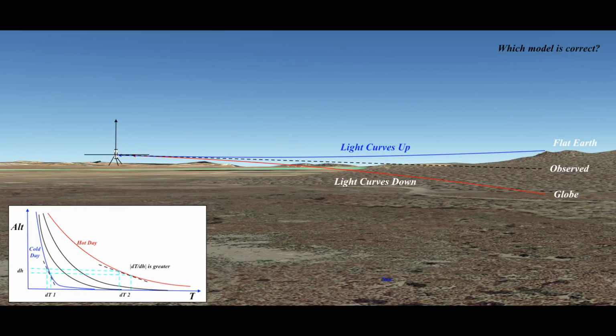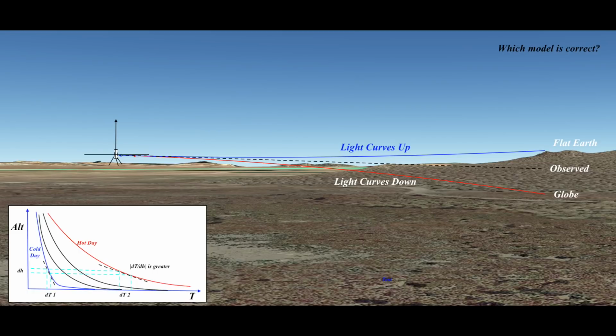A side view allows us to understand the two models better. So the flat Earth needs light to curve up, okay? And the globe model requires light to curve down, okay? So the dotted line represents where we observe the peak. So it's down from where the flat Earth would say it should be without refraction. And it's up from where the globe says it should be. All right, so which model is correct?